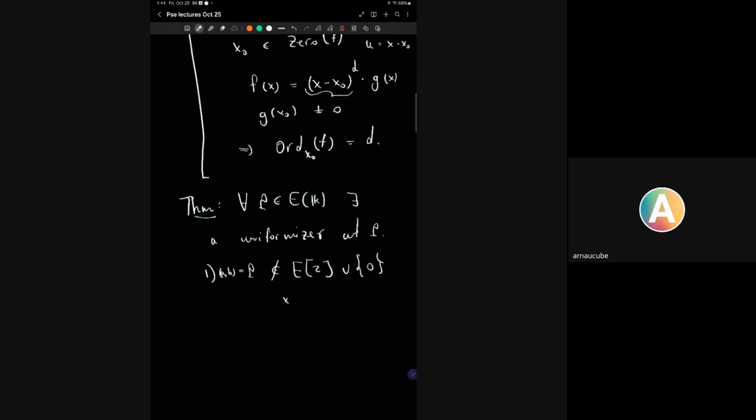Then the uniformizer was X minus A. If P is a point of order 2, but not the point at infinity, I forgot what the form was.